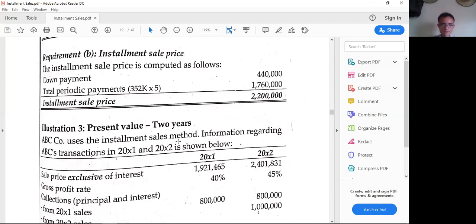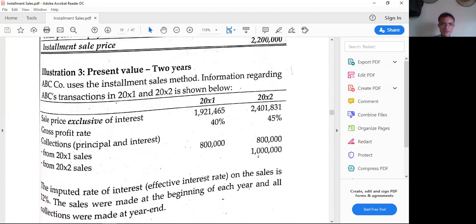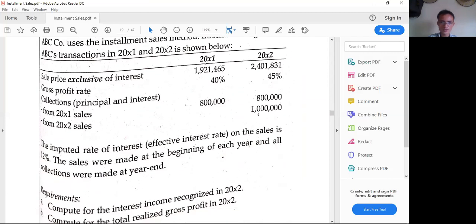Okay, so another one is we have here, what about present value for 2 years? Okay, so this could be challenging. Anyway, I'm excited. So we have here the 2 years and then exclusive of interest, collections, imputed or effective rate of interest. That's true.